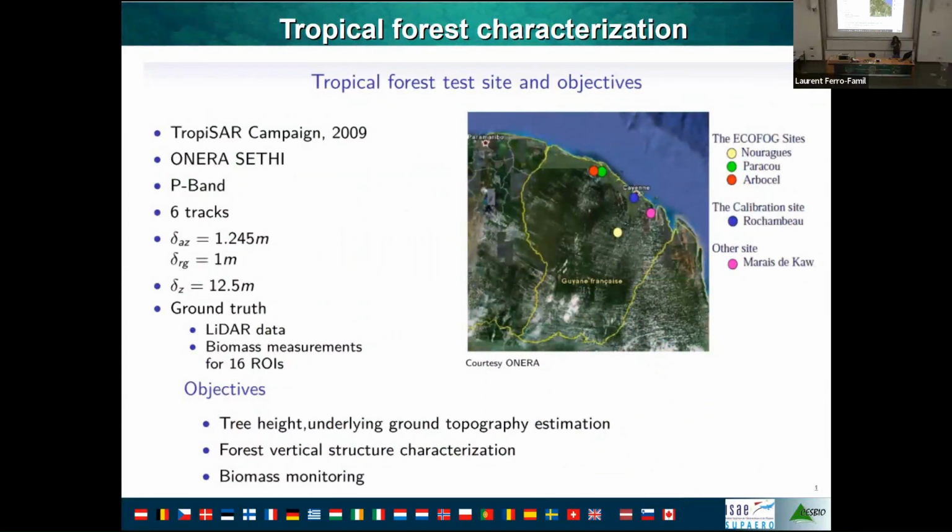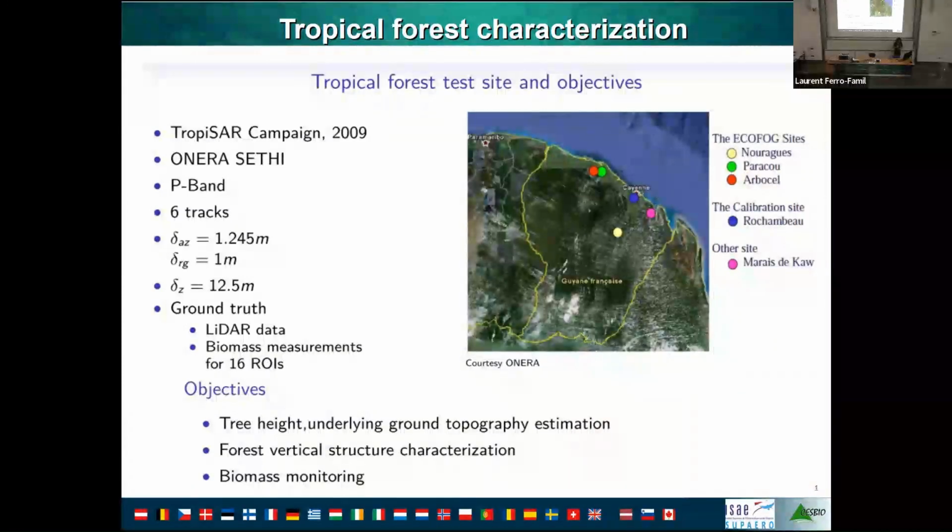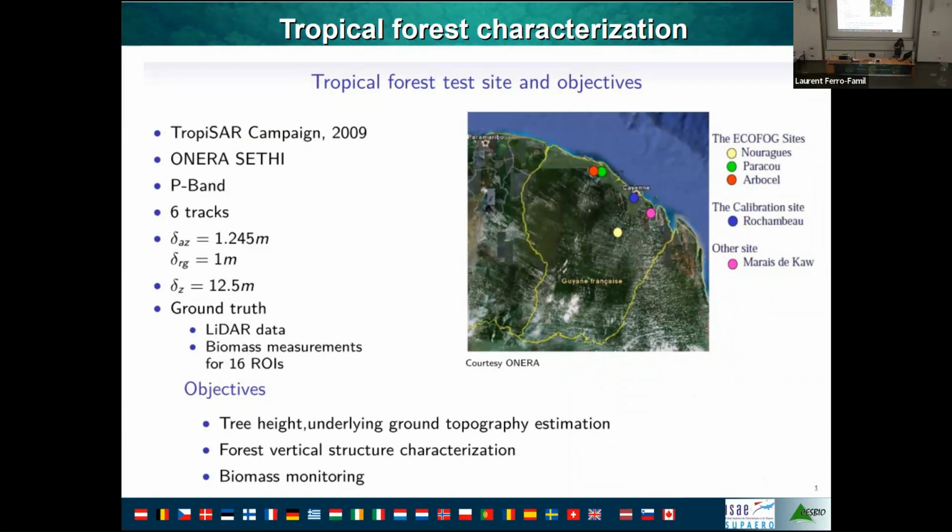An application of tomography we did in 2010, so now it's a long time ago, over the tropical forest of Paracou, French Guiana, data acquired by the ONERA sensor. ONERA is very close to here.